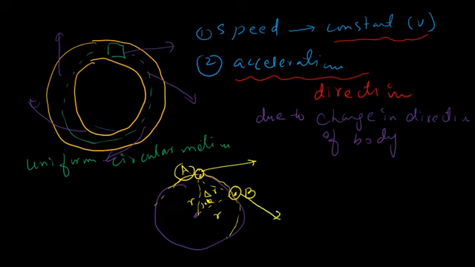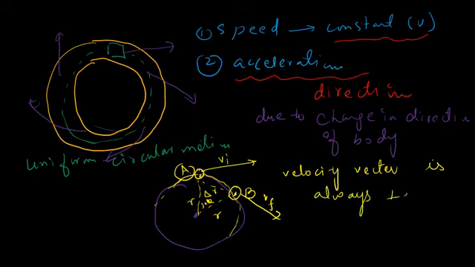When the body is at this point, the velocity will be vi, and at some other time it will be vf. The velocity vector is always tangent to the path and always perpendicular to the radius vector. So I can say that the velocity vector is always perpendicular to the radius of the circle.